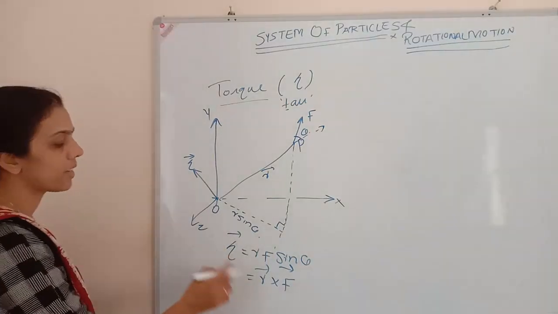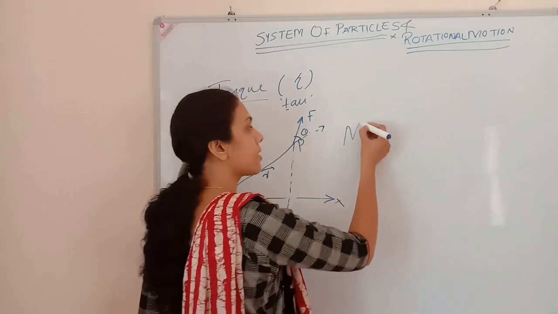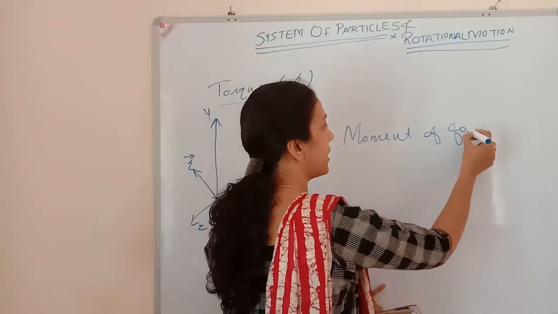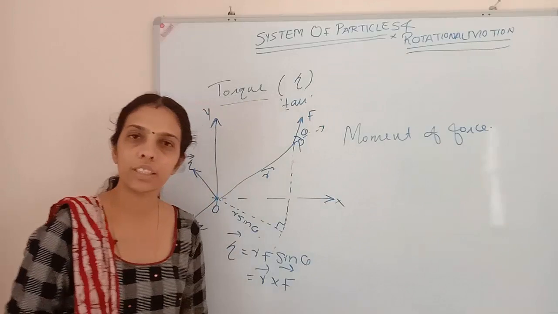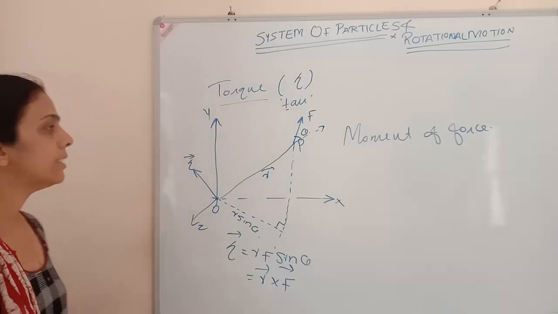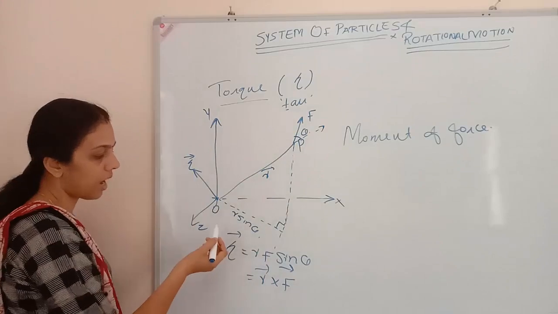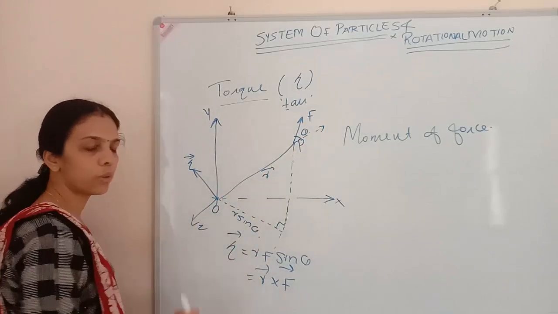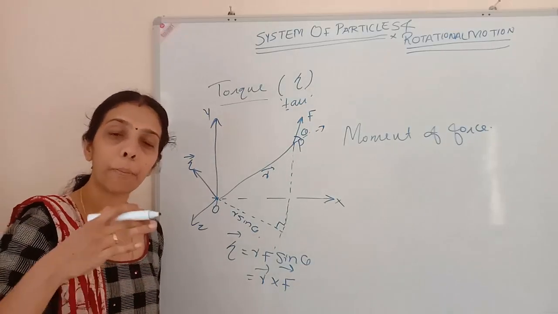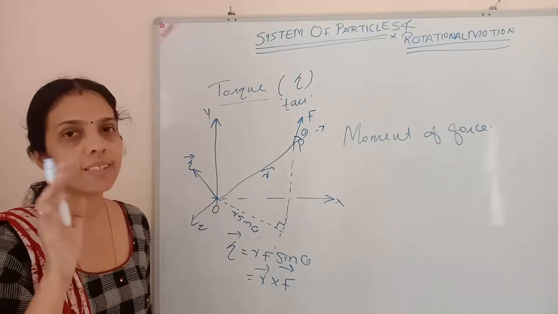Clear? This is how we find the torque acting on the system. It is otherwise called the moment of force acting on the system. The graphical representation of torque is this one: r sin theta, which is perpendicular to F. So we consider it the product of the force and the perpendicular component of the distance from the fixed axis.